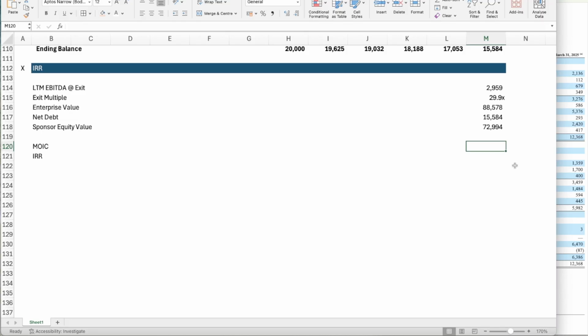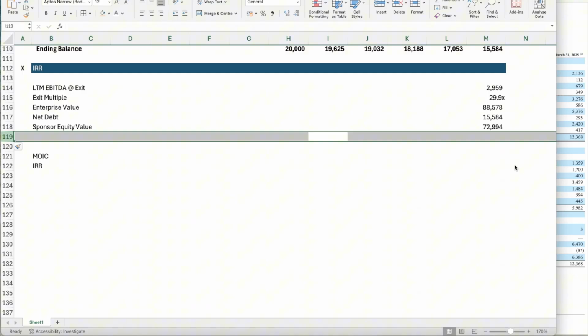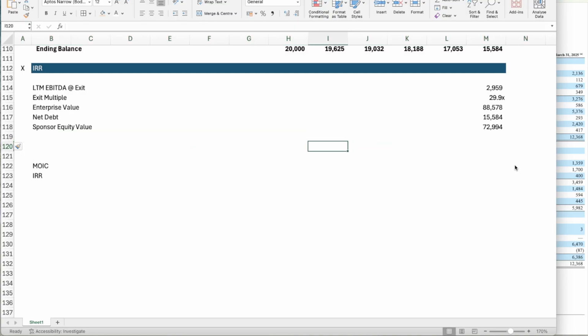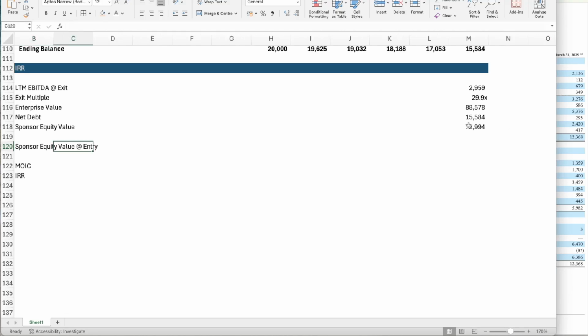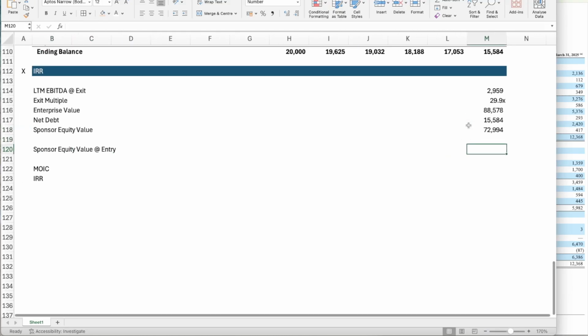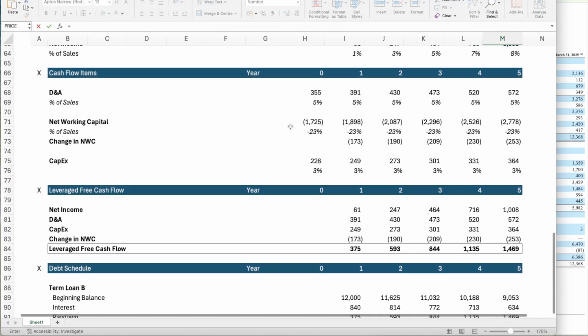Now, I've missed a line out. We want to know the sponsor equity value at entry. And that is going to equal the 36 billion.